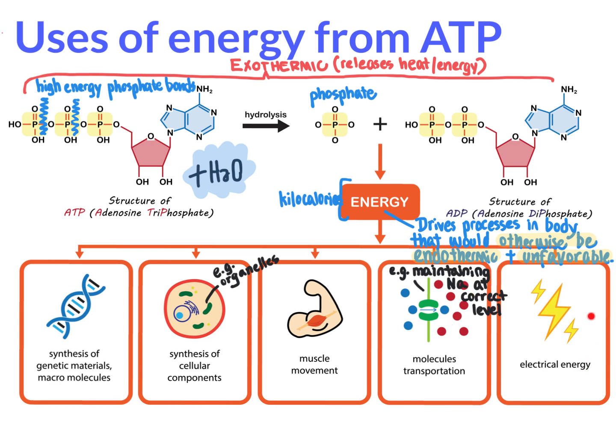Finally, electrical energy, or nerve impulses within the cell and within the body, also use the energy from ATP to power those biochemical processes. Without ATP, literally any living thing would be dead within the matter of microseconds.